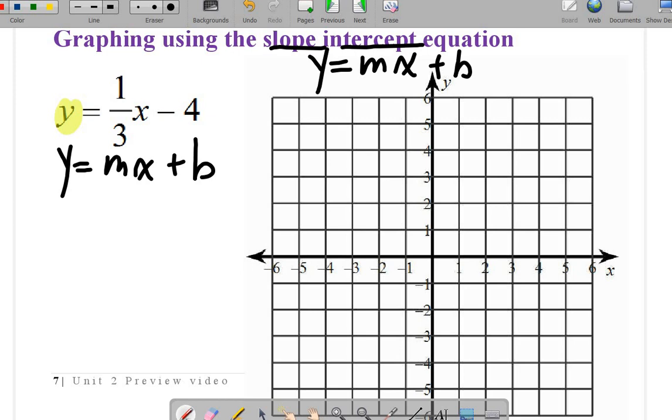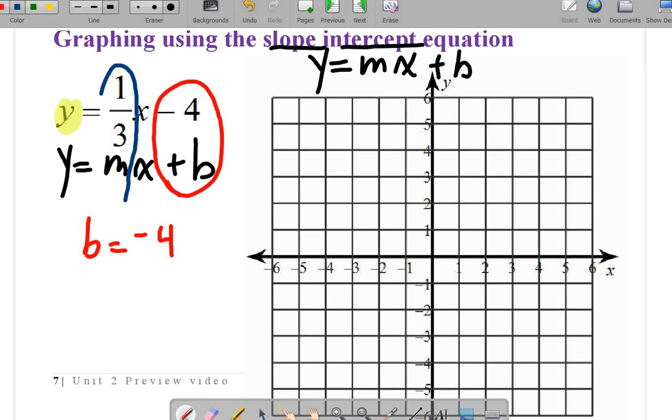Now let's identify our intercept first. So I'm going to circle the b and circle what's right above. Our y-intercept, which is b, is -4. And then slope, circle what's right above it, just like I'm doing.